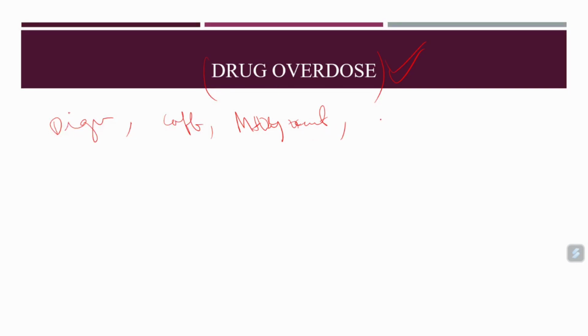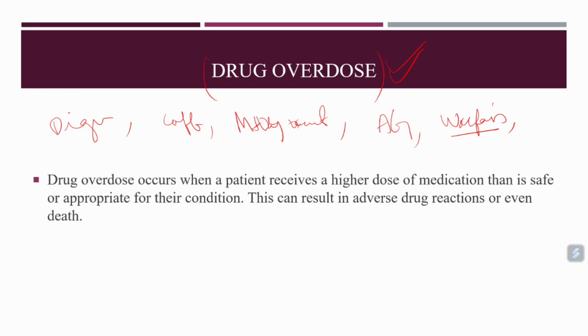And aminoglycoside, anyways, we have discussed. Warfarin also can cause it. All these are narrow therapeutic drugs. All these drugs can cause overdoses, and these overdoses can be seen with drug interaction. They can also be possible with a wrong dose prescription, or it can also be possible during administration. Administration error can also happen.